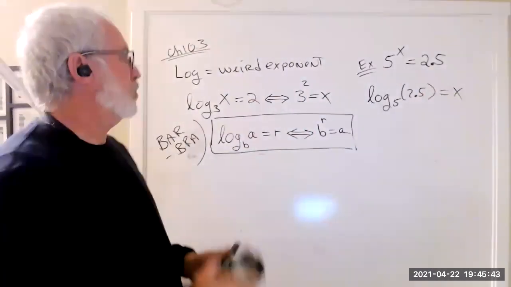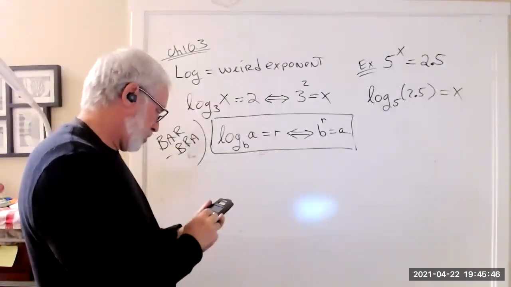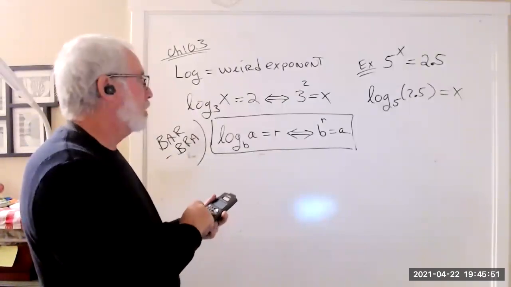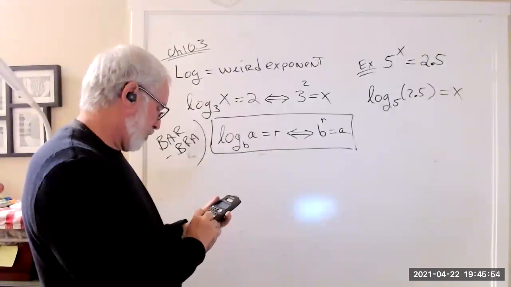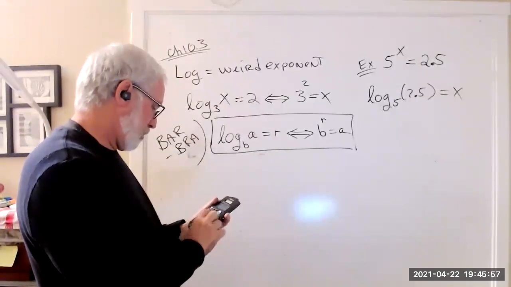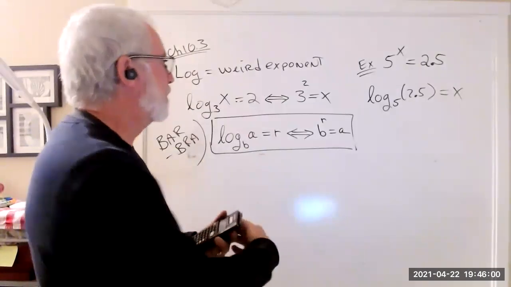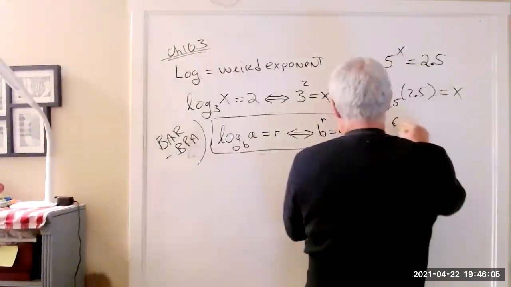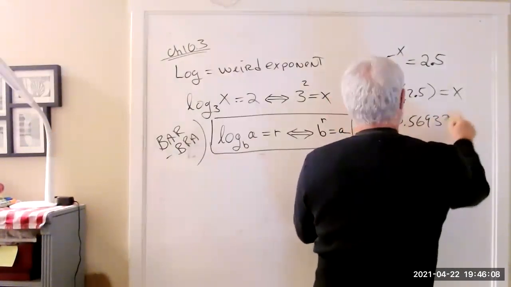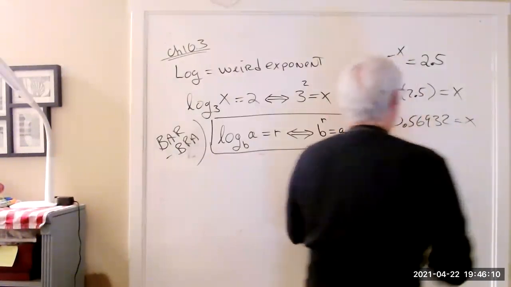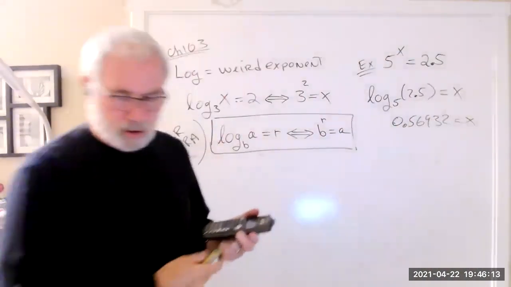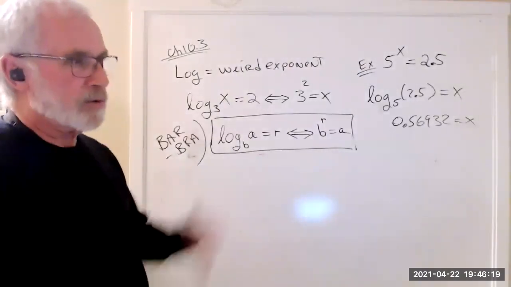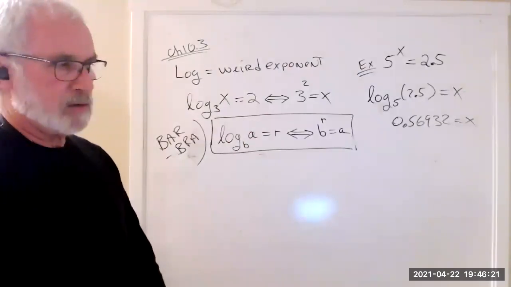And then however you choose to do it, log base 5 of 2.5, I get 0.56932, whatever, equals x. Again, the directions on my quiz will tell you what to round to. But if you're getting that answer, you're doing it correctly.